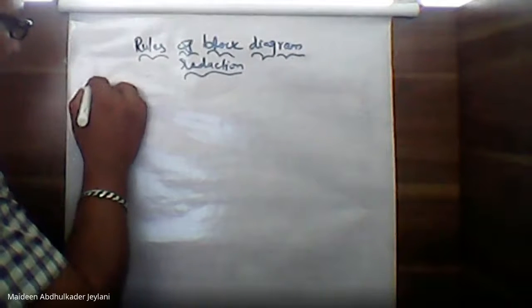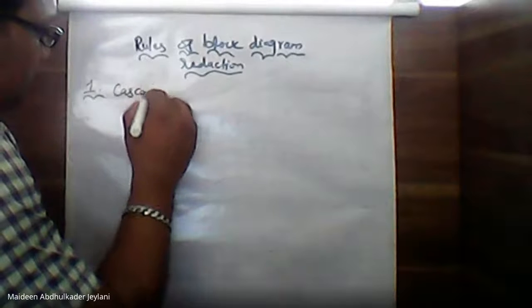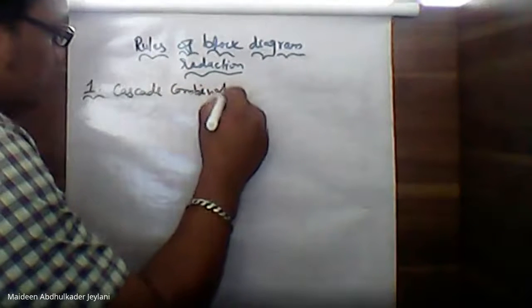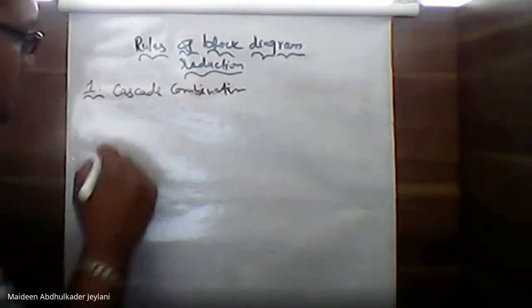First, rule number 1. It is the combining of a cascade combination. Cascaded means it is a series connection of more than one system.